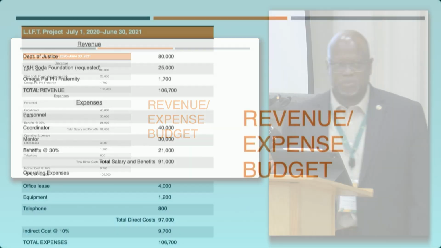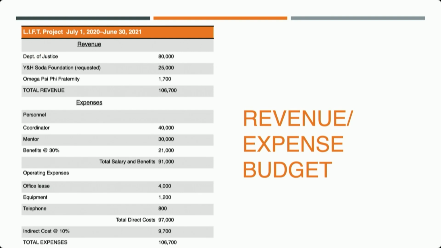Now there's a revenue and expense budget. The revenue and expense budget is an expansion of the line item budget, because it essentially lists all the revenue that you're going to get, and the expenses are still listed separately. But at least it tells you where the revenue is coming from. It says the Department of Justice for this particular grant is providing $80,000. The Y&H Soda Foundation has been requested to provide $25,000. It means this grant is not approved. It's pending, right?